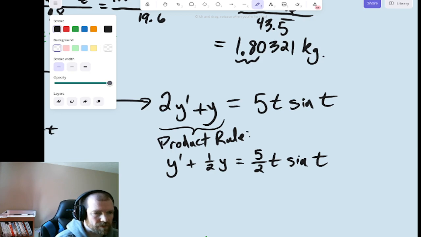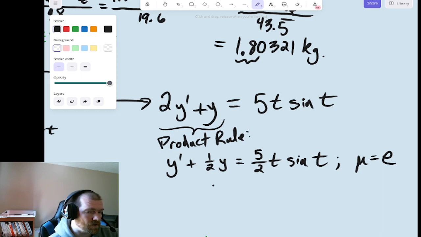And what we do is we say, okay, the integration factor for this thing is going to be e raised to the, in this case, you take the function that is on the linear term here, and you say that this is going to be the integral of 1/2 dt. Now that seems insane, but eventually it works out.